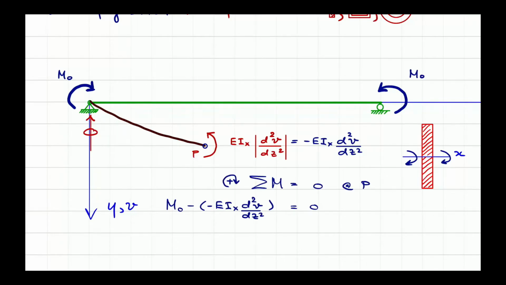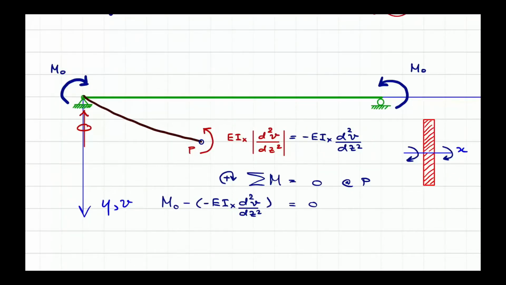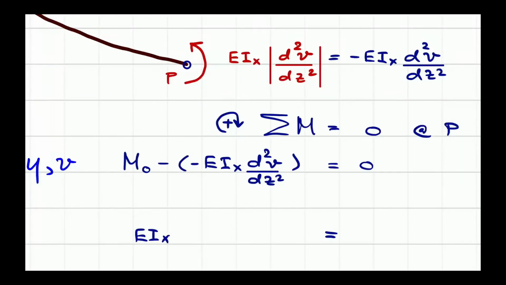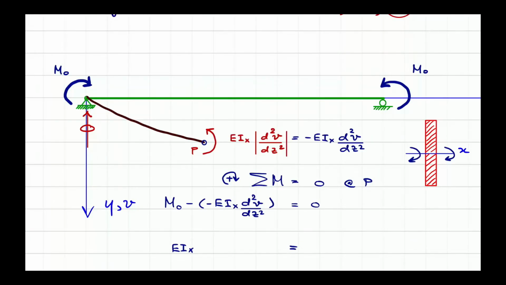Okay, so you will end up with the line over here, EI_x. We just have to rearrange it a little bit. It doesn't make any major change to the previous line.